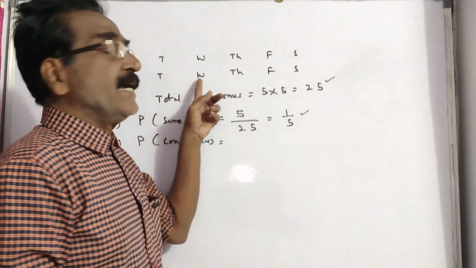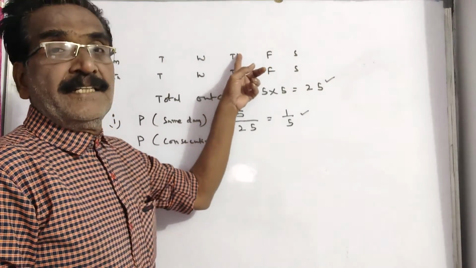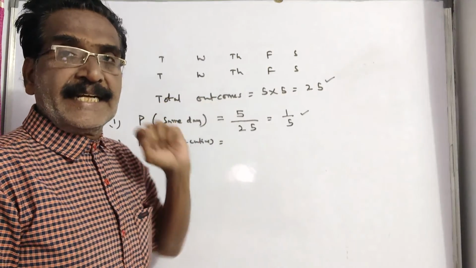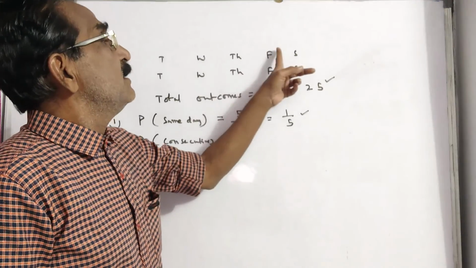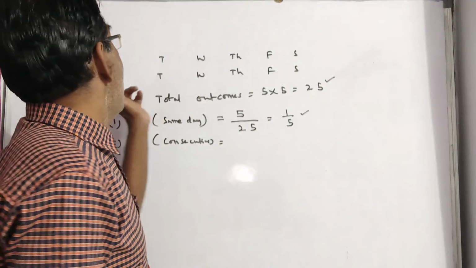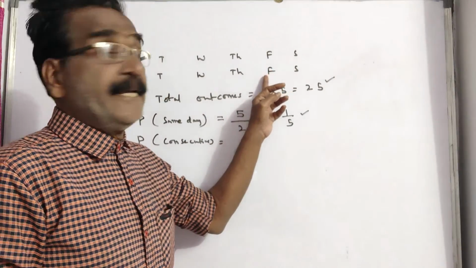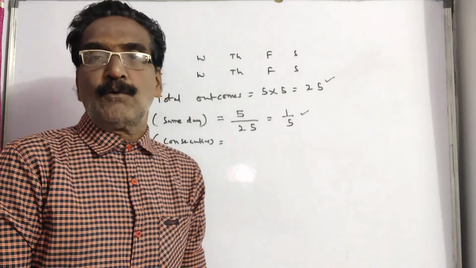Plus, if Ekta visits on Tuesday and Shyam on Wednesday, that is 1 outcome. If Ekta visits on Wednesday, Shyam on Thursday is the second outcome. Ekta on Thursday, Shyam on Friday is the third outcome. Ekta on Friday, Shyam on Saturday is the fourth, another 4 outcomes.